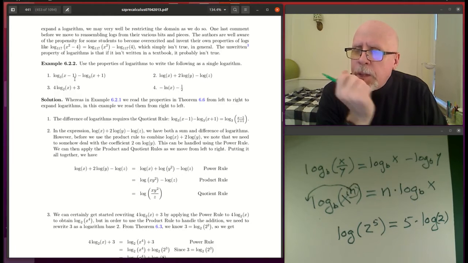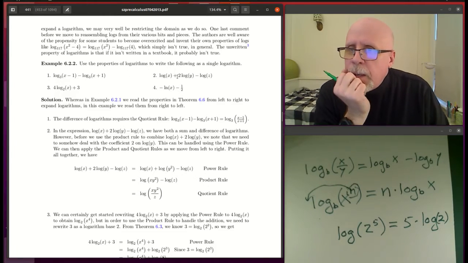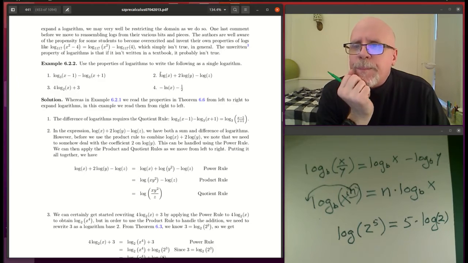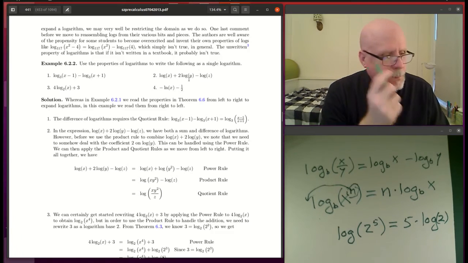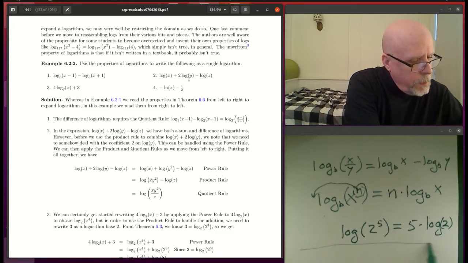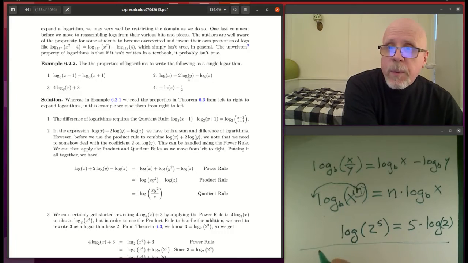I'm just going to look at number 2 to give you a sense of this. What the instructions here say, use the properties of logarithms to write the following as a single logarithm. Now this is a nice one because it uses all the rules.